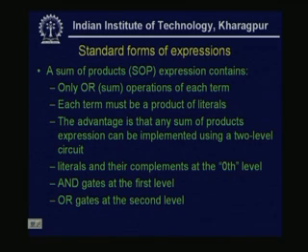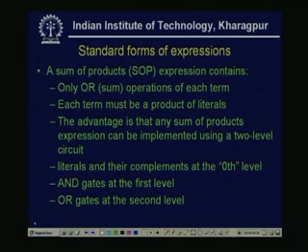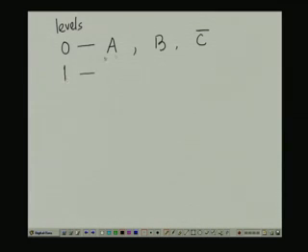Now, the literals and their complements are at the 0th level, AND gates at the first level, and OR gates at the second level. So, if we see some hierarchy, say the literals, say A, B, C bar, they are at the 0th level, and at the first level, as if AND gates are there, the dot operation.